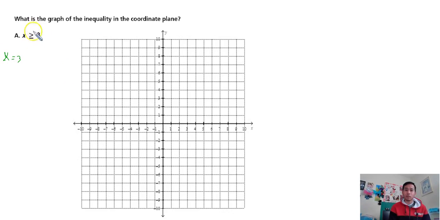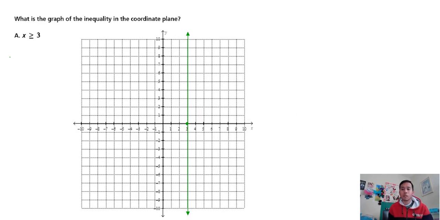So identify the location of the 3 that would give us the value of x is 3. It's this one. Therefore, since they made use of greater than or equal, it's a solid line. It's a solid vertical line here.